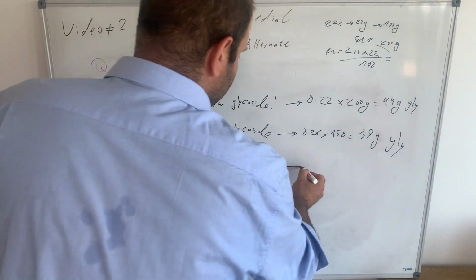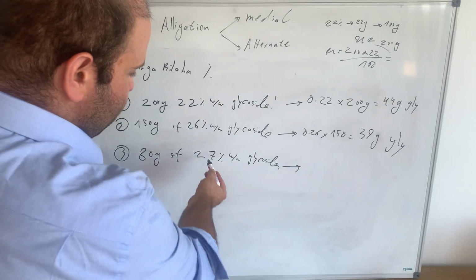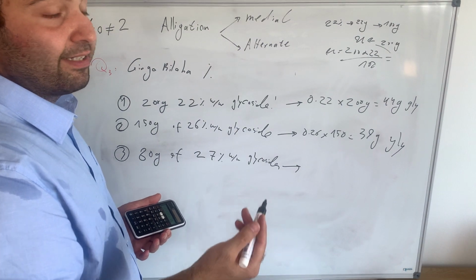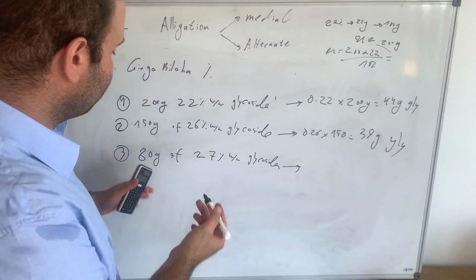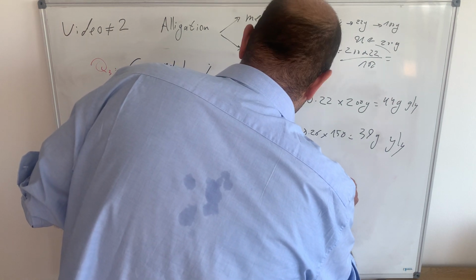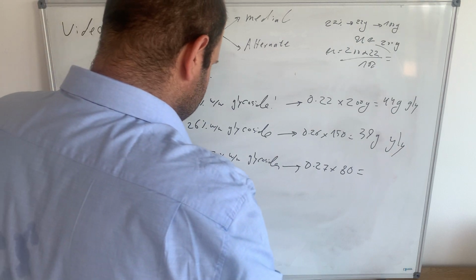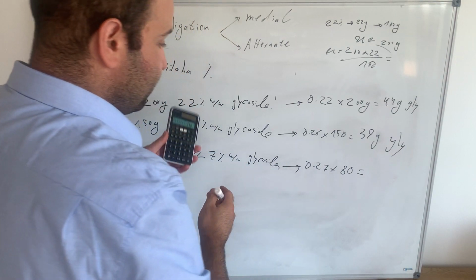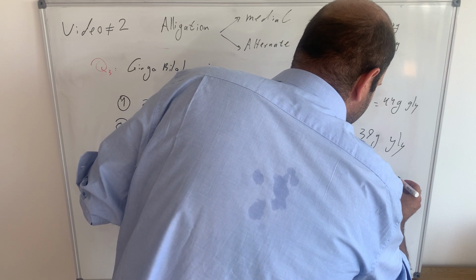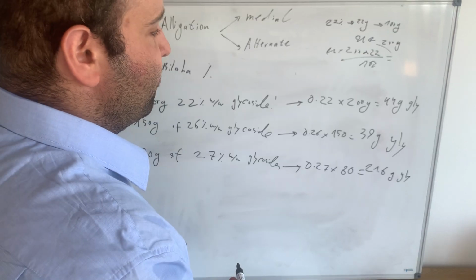And the third one, 80 gram batch of 27%, so 27 gram of glycoside, the main active ingredient, is in 100 gram. How much is in 80 grams? 0.27 multiplied by 80, the answer is 21.6 gram of glycosides. Okay, so what is the final percentage?